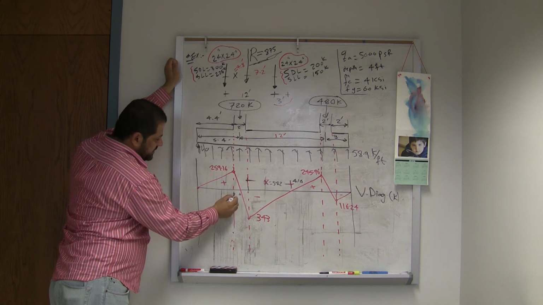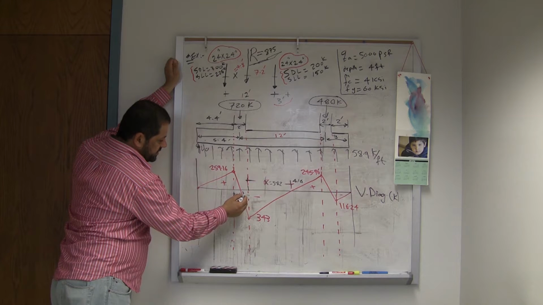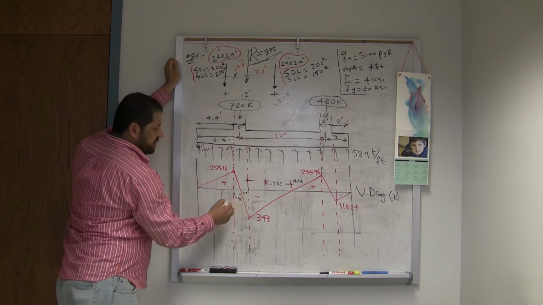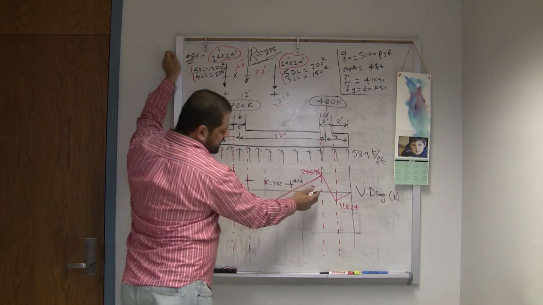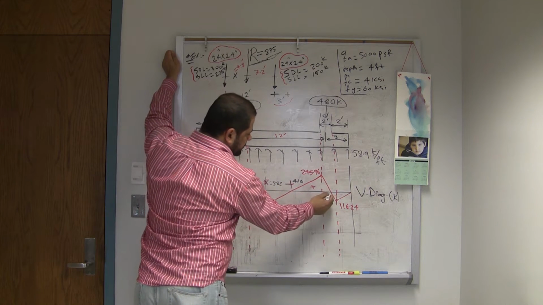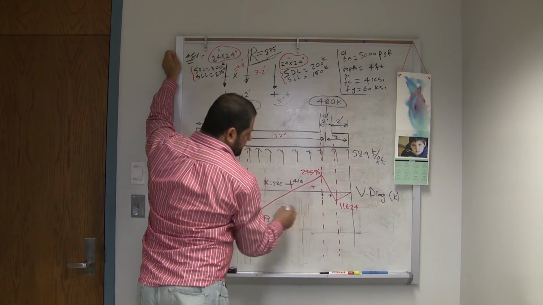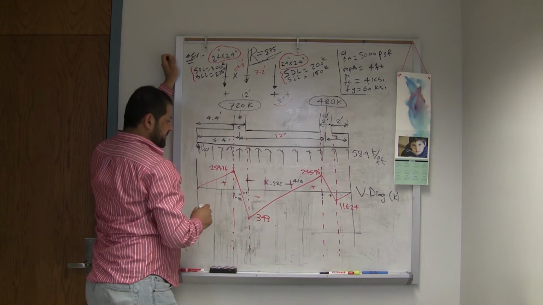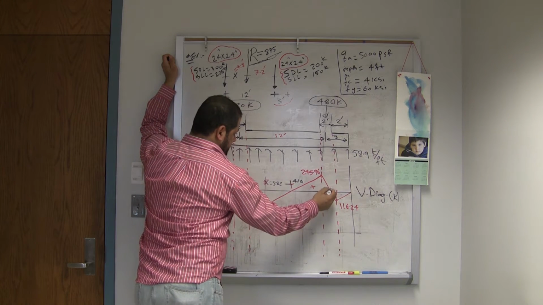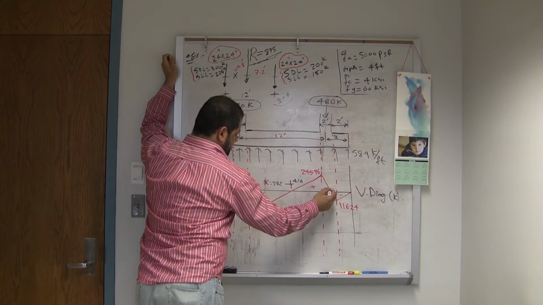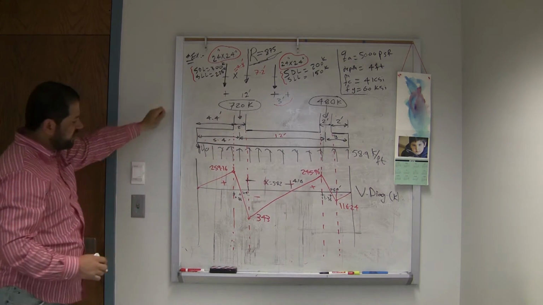This is 0.86, and this guy is the remaining, which is 1.14, because both of them together are 2. Likewise here, 245.96 divided by the sum, times 2, and here the sum is 480. The first one is 1.36, and this is 0.64. So we have all the dimensions to draw the moment diagram.